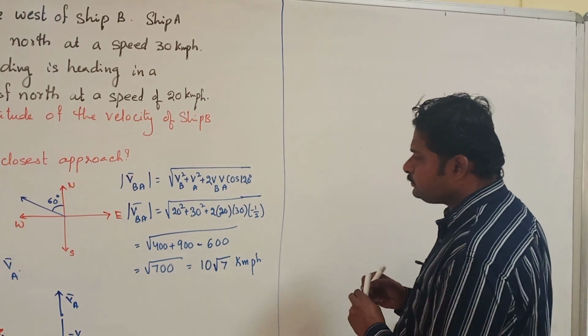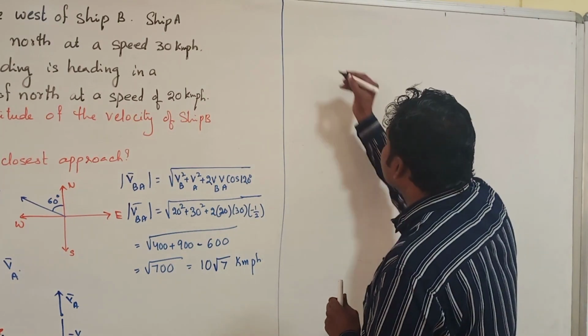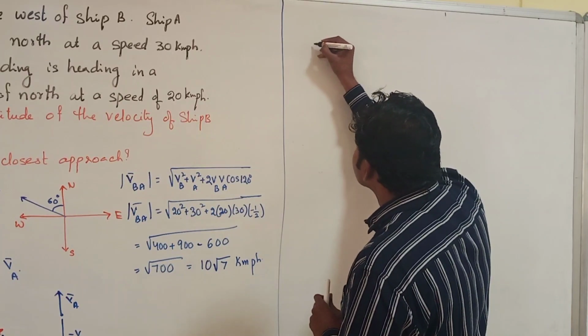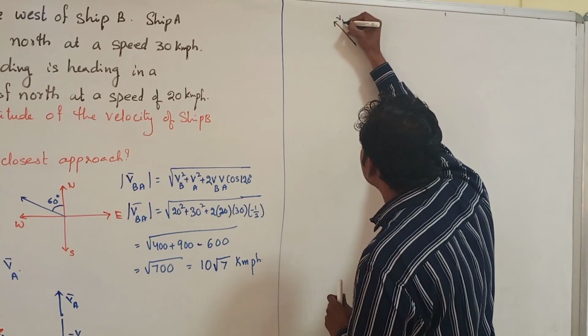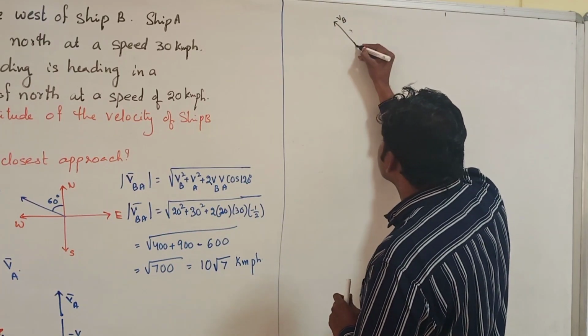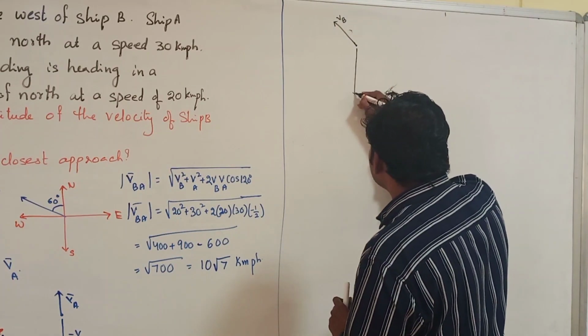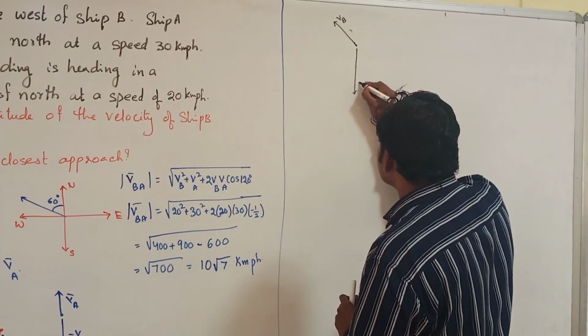See here, this is vector B, this is minus VA vector.